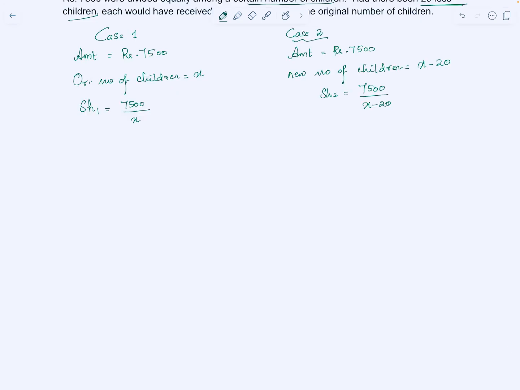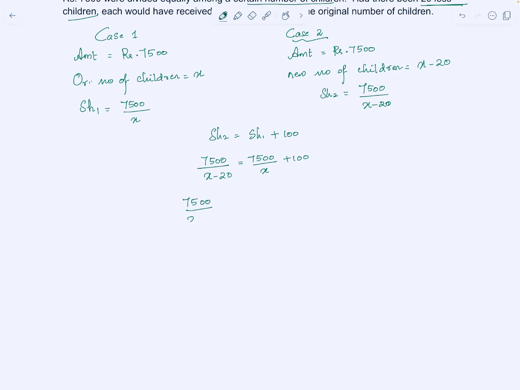In the second case, number of children are less by 20, so our share will be more. That is, share 2 is equal to share 1 plus 100. Share 2 is 7,500 upon x minus 20. Share 1 is 7,500 upon x plus 100.